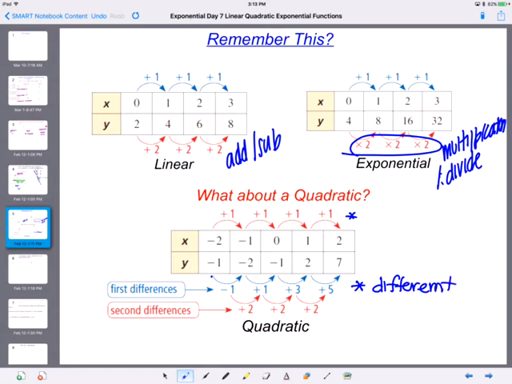Then you find the second difference: how do you go from negative 1 to positive 1? You add 2. 1 to 3, you add 2. 3 to 5, you add 2. If the second difference matches and is adding, it is a quadratic function.